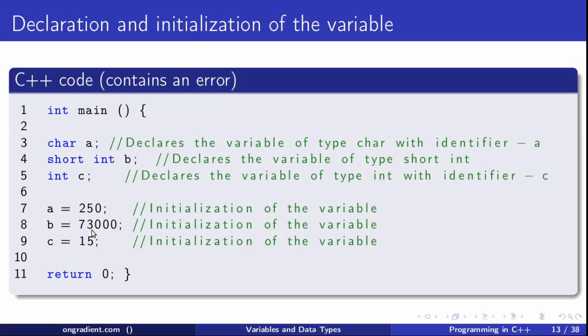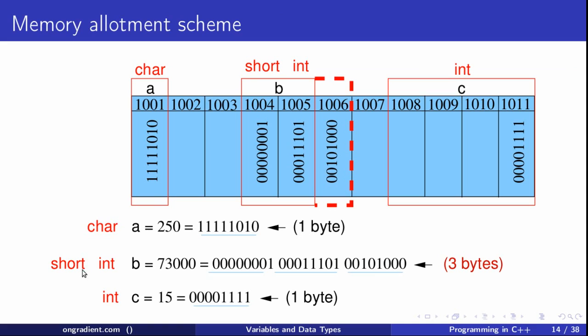Not enough memory is allocated to store the number. The variable c can contain the number 15, but 3 bytes of memory will be empty. Short int can store 2 bytes, but we try to write 3 bytes of information. If this occurs during the execution of the program, there are problems.